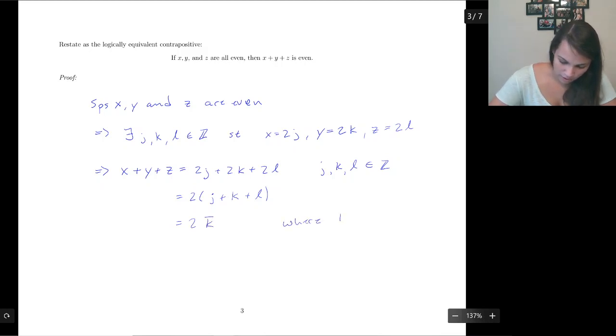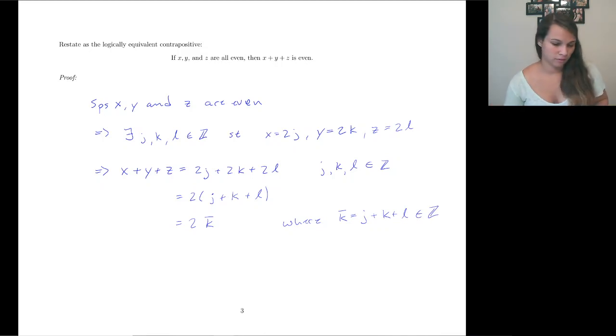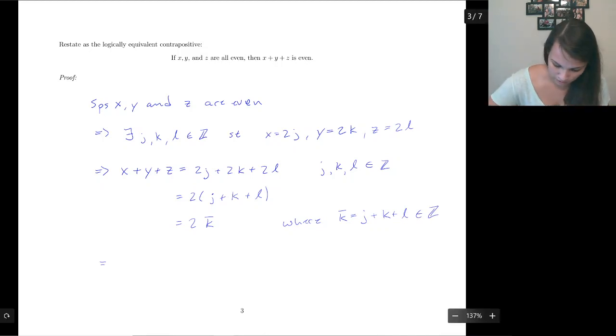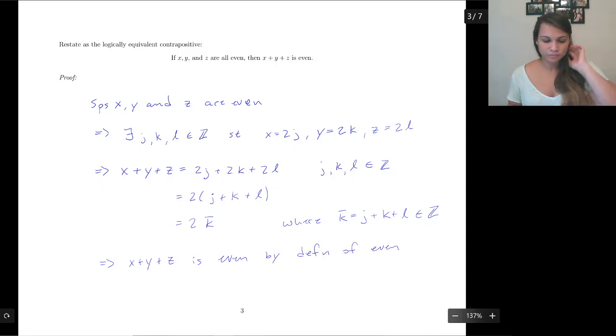So k-bar is going to be j plus k plus l, and it is an integer. There we go. We can say that x plus y plus z is even by definition of even. So that's one proof.